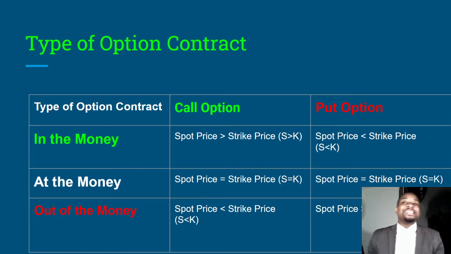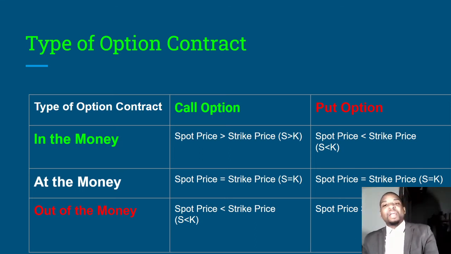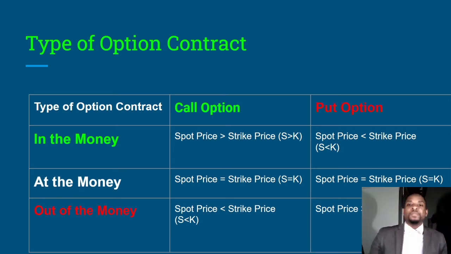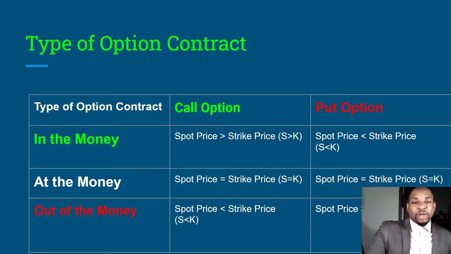The strike price is greater than the spot price. At the money, everything is equal all the way around, call and put options. Out of the money, when you're doing a call option, the stock price or spot price is less than the strike price, and in a put option, the spot price is greater than the strike price.